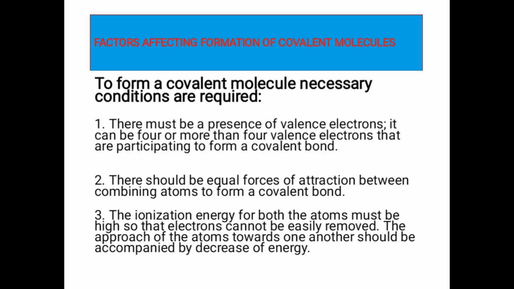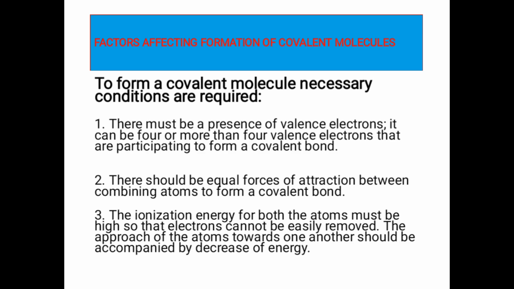Okay, so to form covalent bonds, like a recap now. The conditions that must be met, or factors that affect the formation of covalent molecules, involve: number one, there must be the presence of valence electrons. Number two, there must be equal sharing. There will be equal forces of attraction between combining atoms for a covalent bond to be formed.